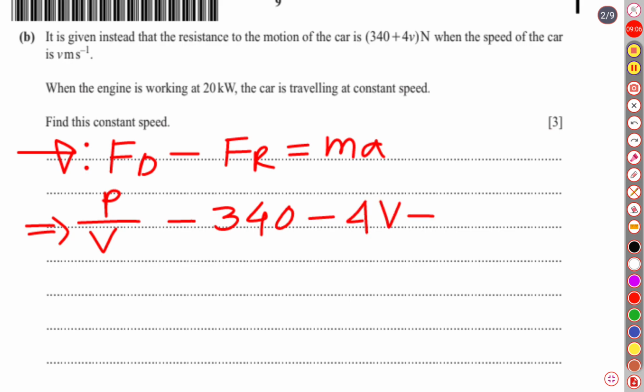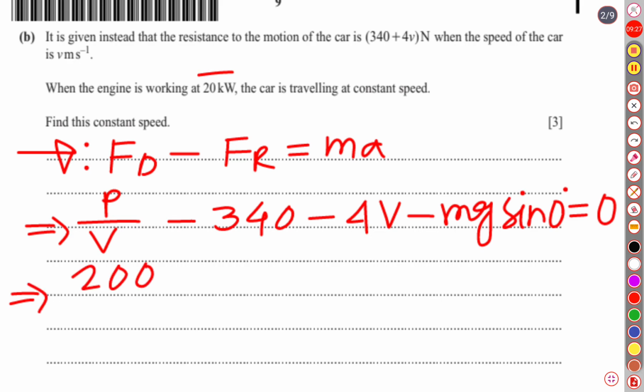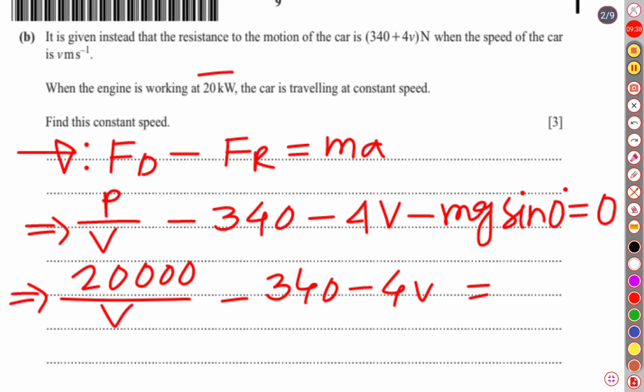And you know the resistance due to weight is mg sine 0 degree. And as the car is traveling at a constant speed, there is no acceleration, means it is 0. So power given is 20,000, so let us write 20,000 over velocity, which is to be obtained, minus 340 minus 4V is equal to 0.